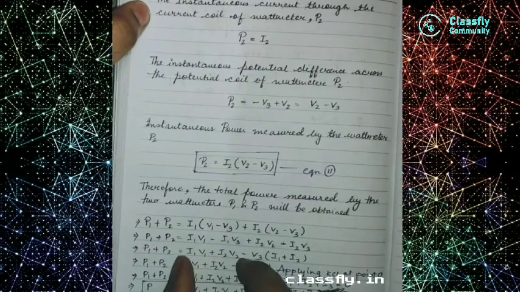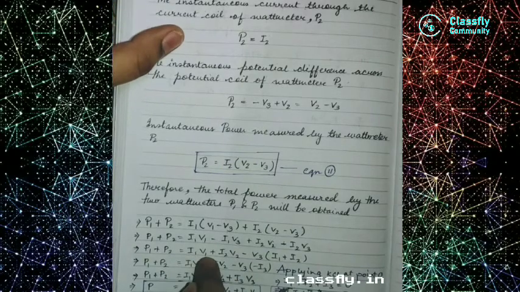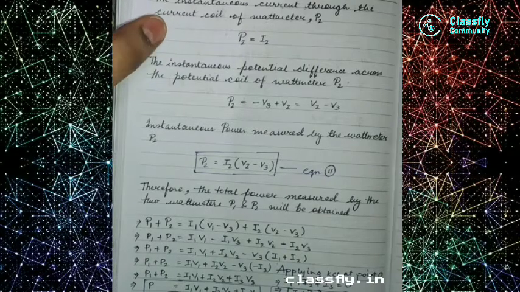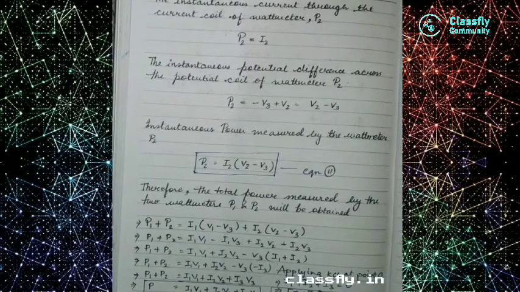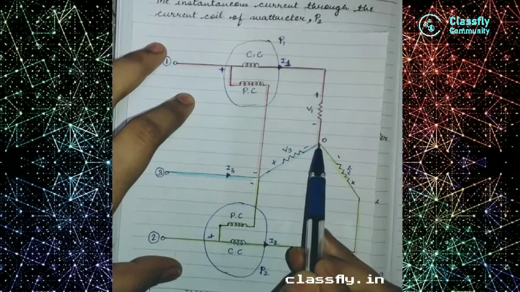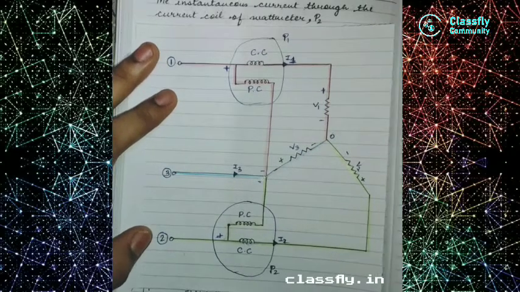So we club the similar terms, that is line 1 and line 2: I1 V1 plus I2 V2, and V3 is common, so we take V3 common and we get I1 plus I2. When we apply KCL at point 2, the summation of all currents is 0.